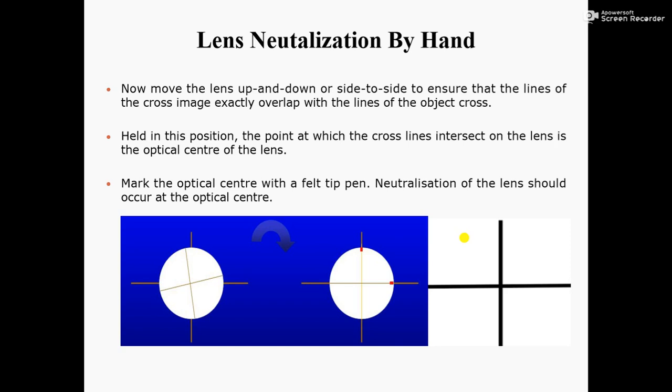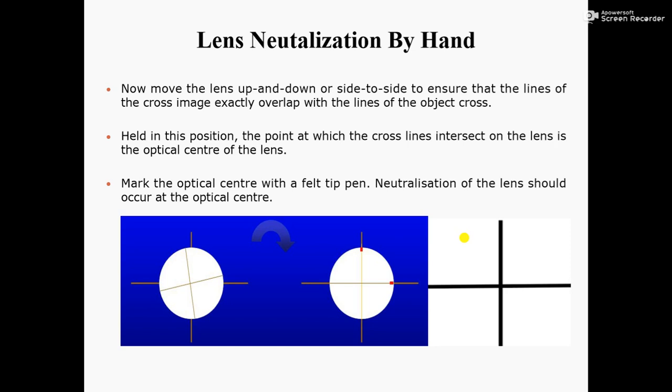Here, now move the lens up and down and right and left side to confirm that the object cross and the cross line are exactly overlapping or not.